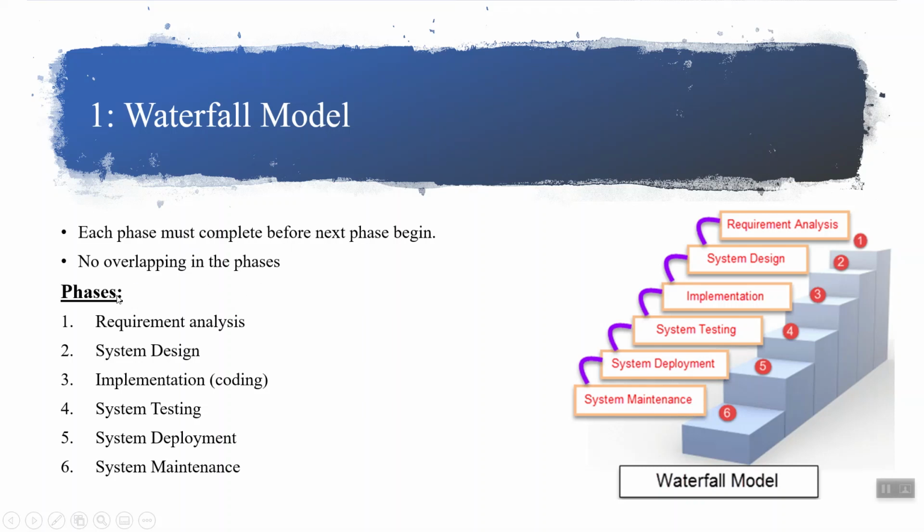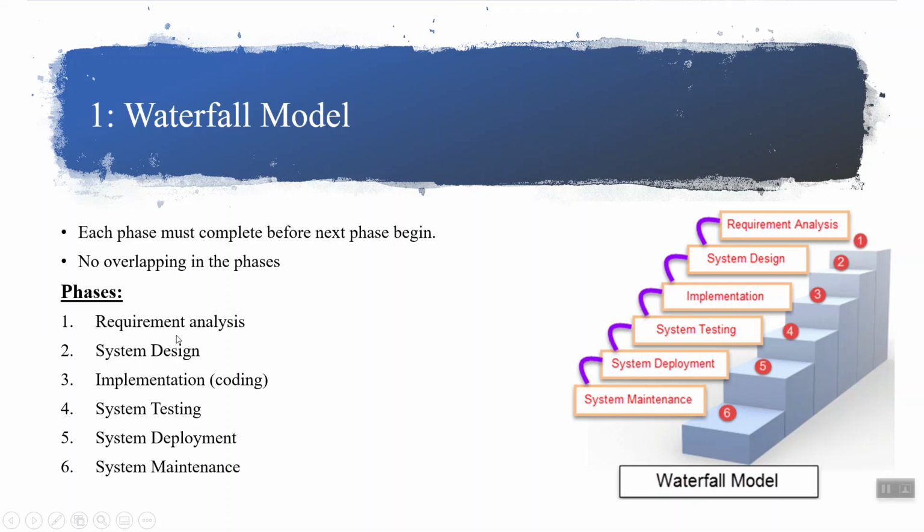There are six phases in the waterfall model: requirement analysis, system design, implementation, which is coding, system testing, deployment, and system maintenance. The six steps do not overlap while processing with the waterfall model.